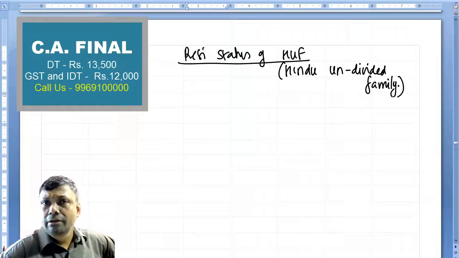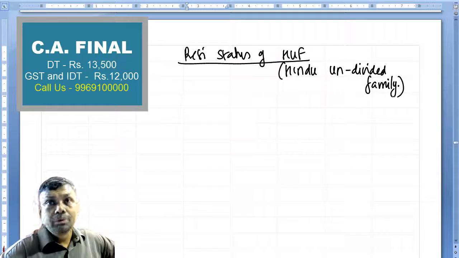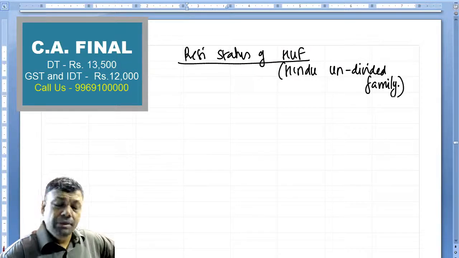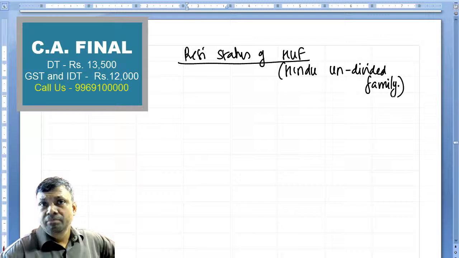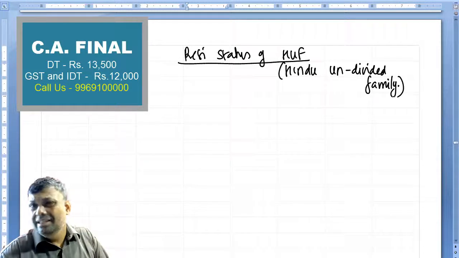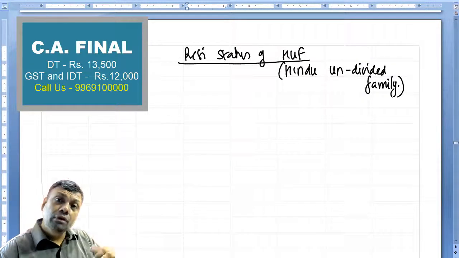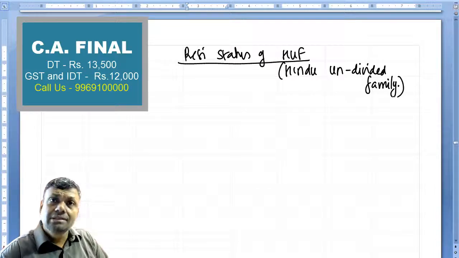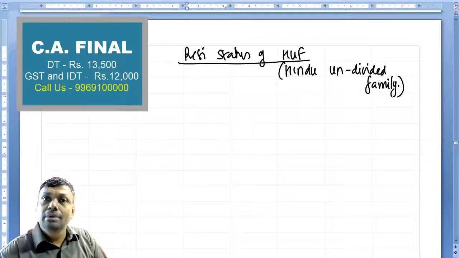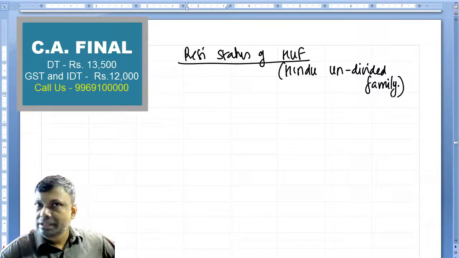So Hindu Undivided Family is recognized in India for tax law purposes because we respect the family concept. For the taxation of that family business, it's a separate taxpayer, and a separate taxpayer means separate residential status.